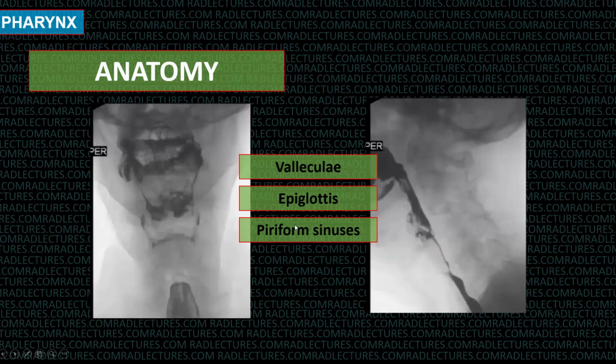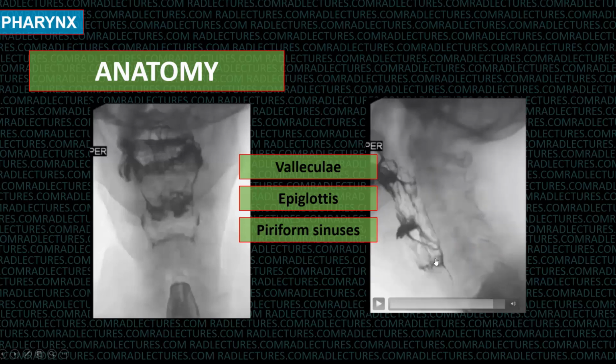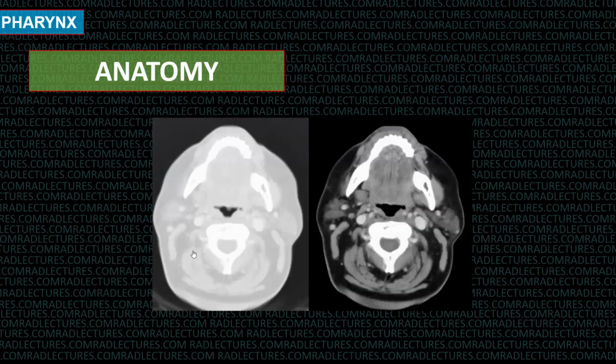Piriform sinus is a pocket that is formed by the aryepiglottic folds, and that is seen over here on the AP view, and on the lateral view it is seen right over here. So these three things you have to know: the epiglottis, the valleculae, and the piriform sinuses.